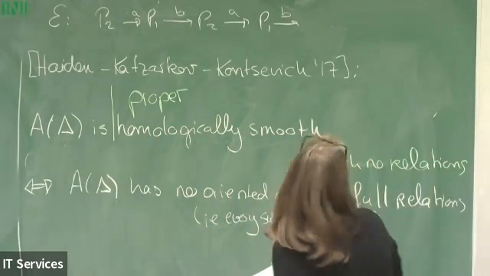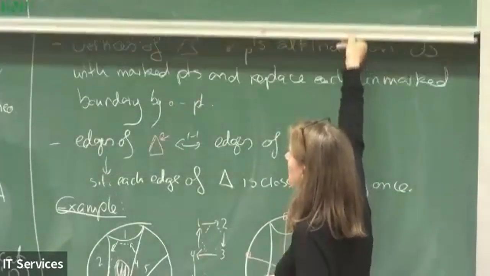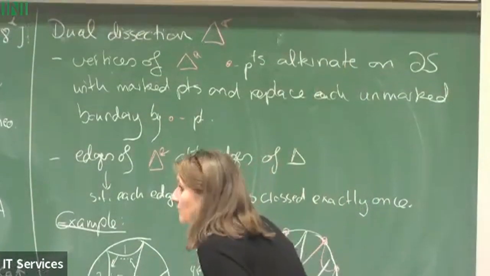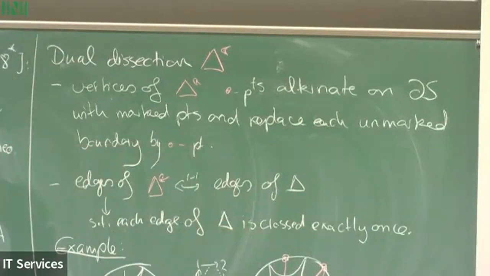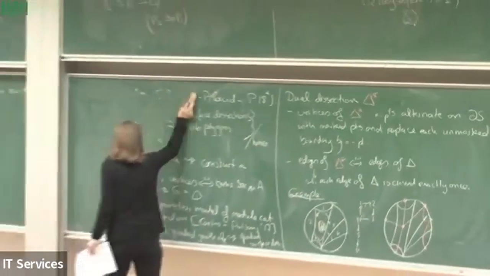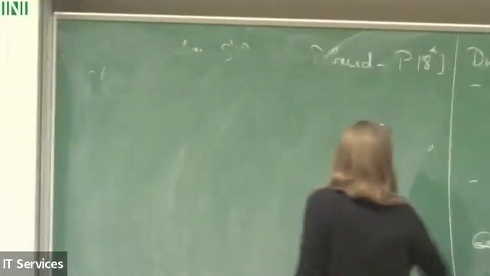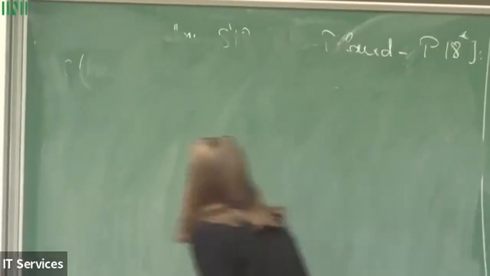Now that we know when such a Gentle algebra is homologically smooth, why are we interested in that? That's because the derived category of homologically smooth and proper graded Gentle algebras is actually known from geometry.